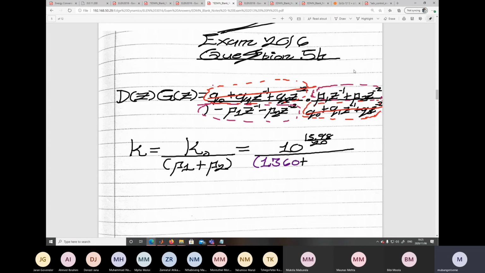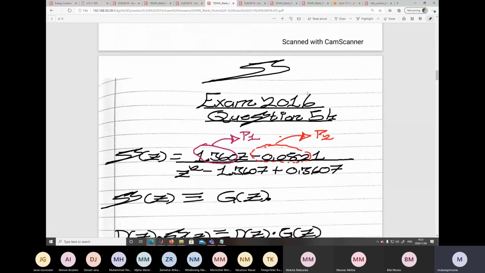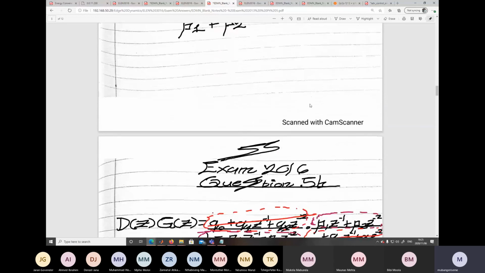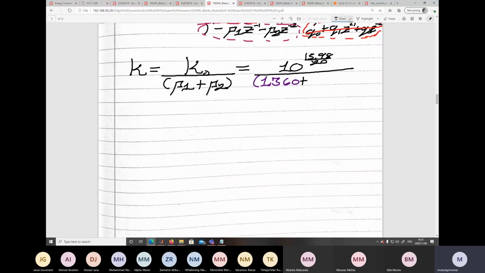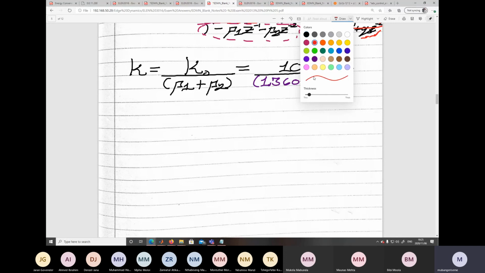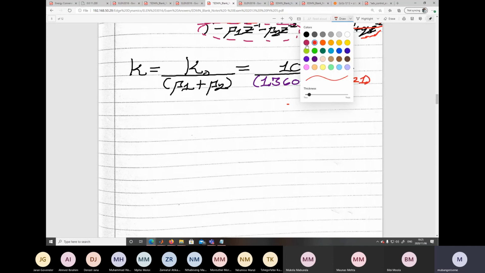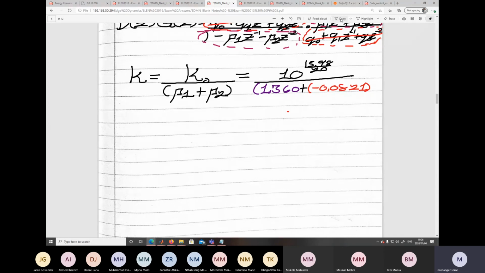And then this is minus 0.0821. Minus 0.0821. Okay. Somebody put that into the calculator for me, or Wolfram, whatever your poison.